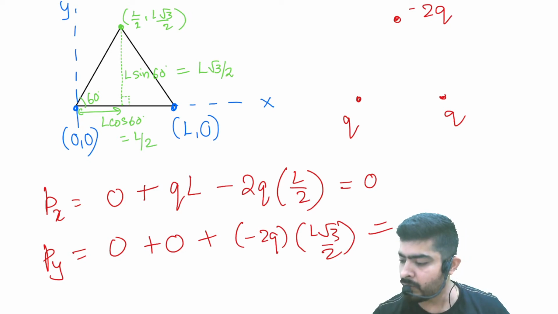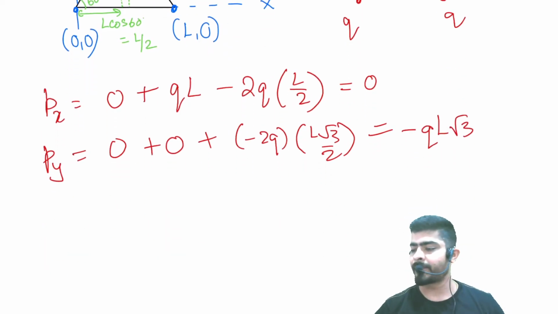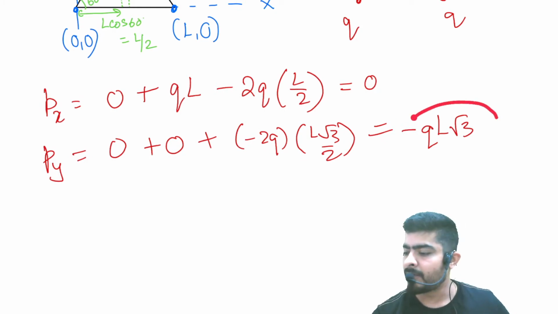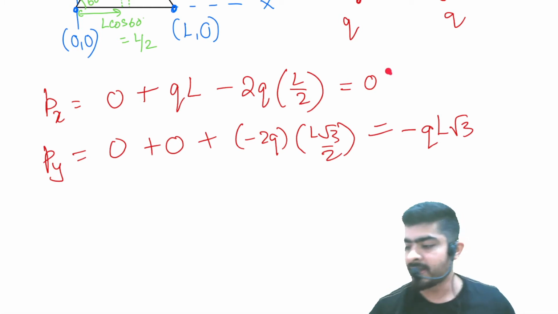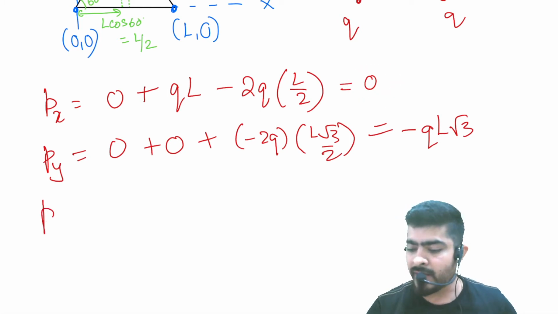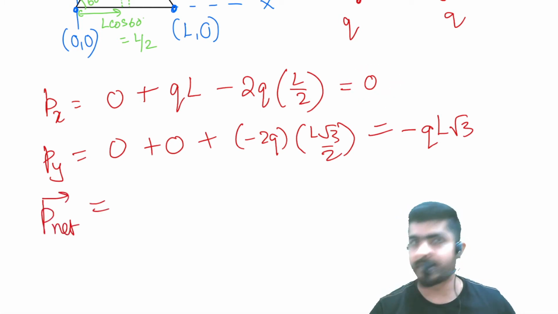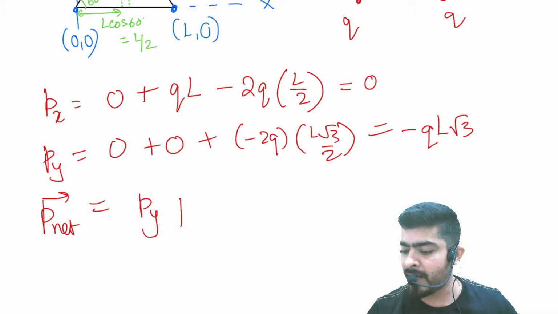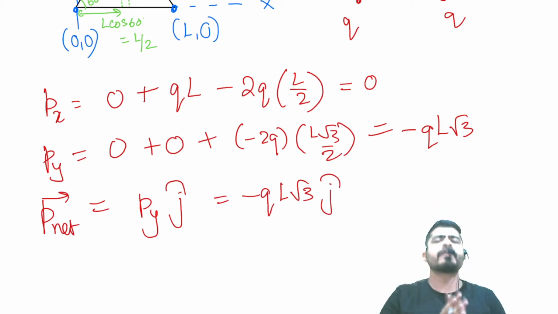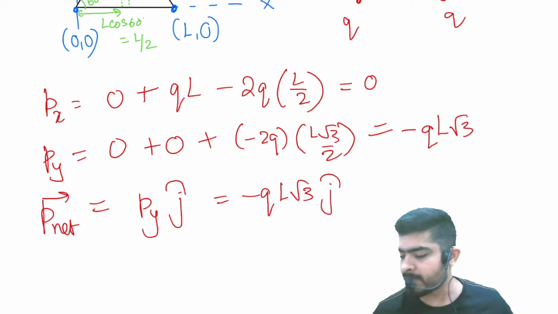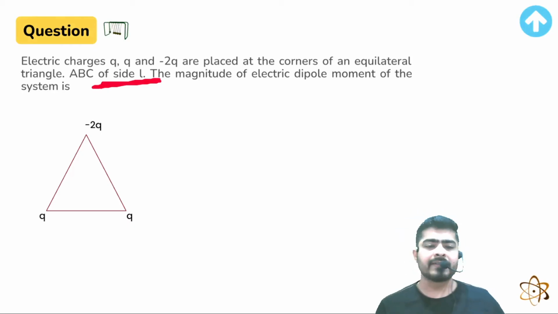Minus QL root 3. Okay. Minus QL root 3 will be your dipole moment along y-axis. Along x-axis it is 0. So I get net dipole moment vector equal to Py j cap because Px is 0. So I get minus QL root 3 j cap. Simple. Okay. So this is your first method of solving this question.